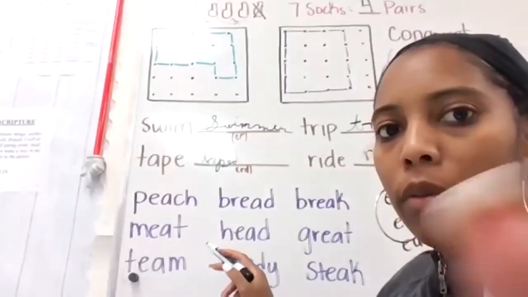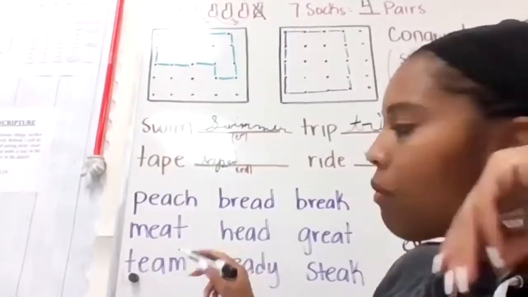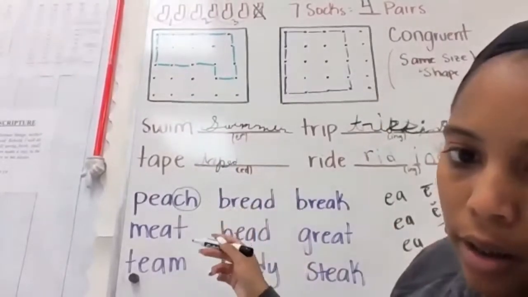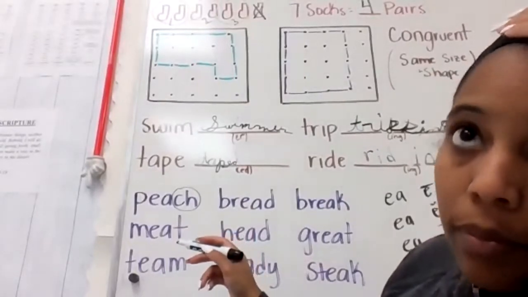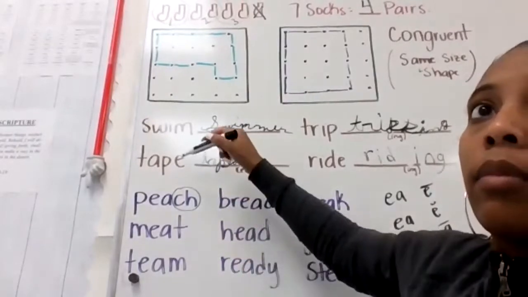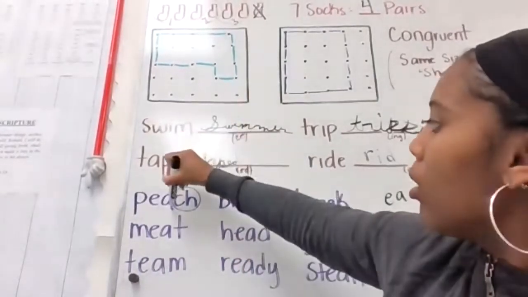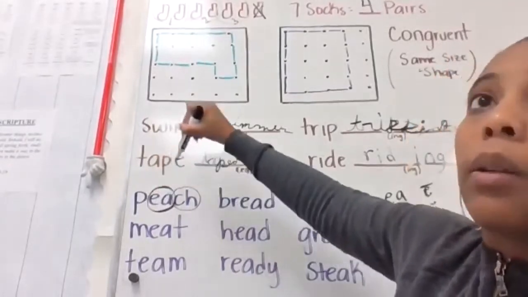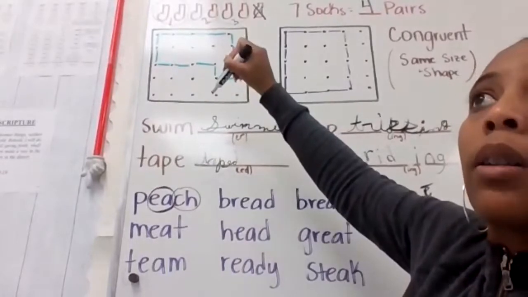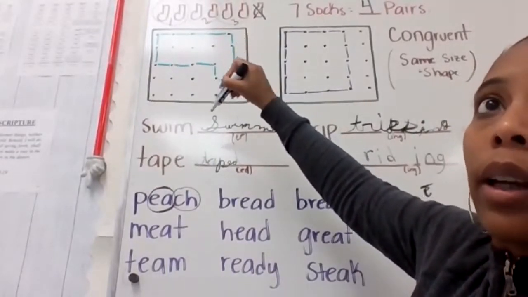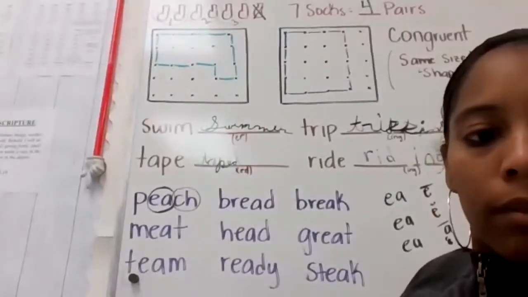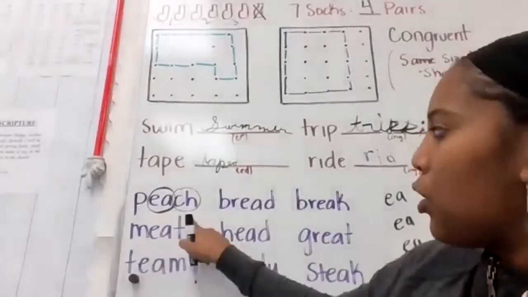Circle CH and EA. All right, what's the word, Dennis? Peach. Good.